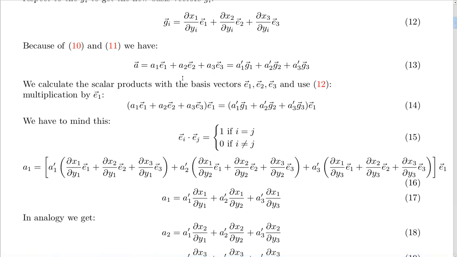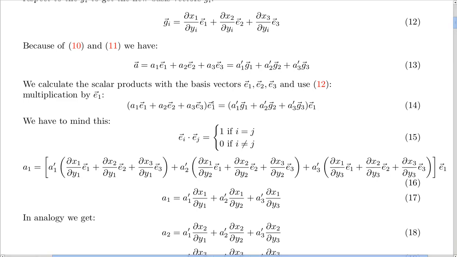Okay, and a vector is the same vector in the uncurved and curved coordinate system, so we can write this equation here, 13. And now we want to calculate the scalar products with the basis vectors e1, e2, e3, and we use 12, the expression for the g vectors.